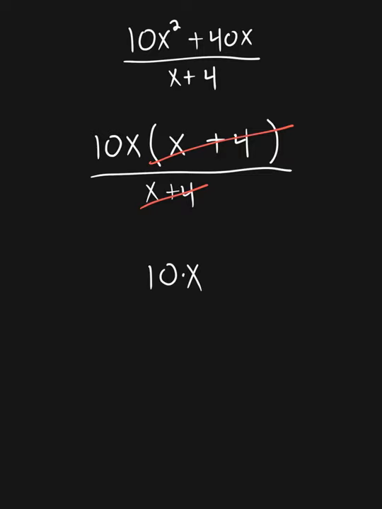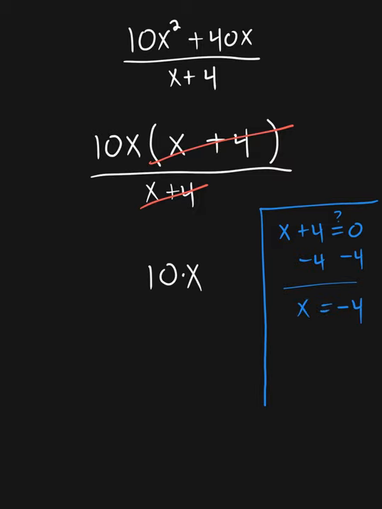Well, I'm going to do kind of an aside problem off to the side here and say, when is x plus 4 equal to 0? And say, well, we know we can't have that. So this is just an algebra 1 problem. I'm going to subtract 4 from both sides, and I'm left with x equals negative 4.